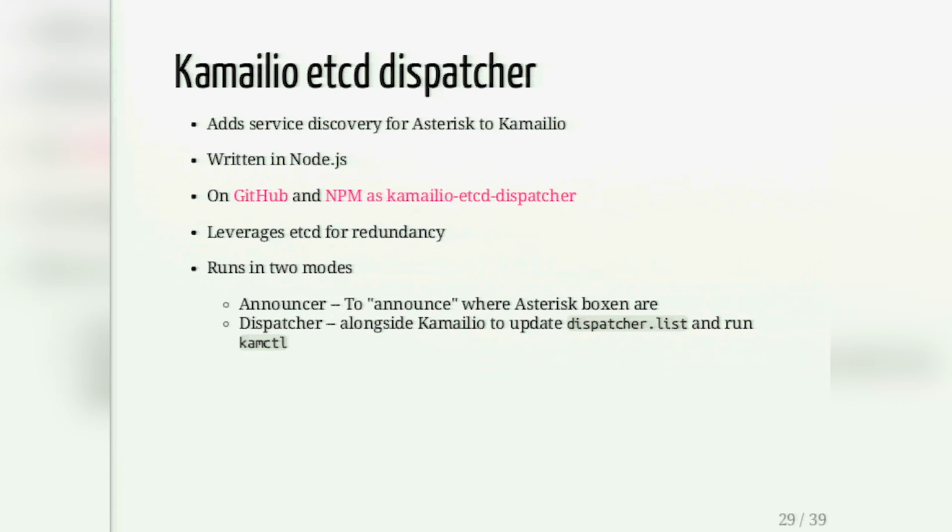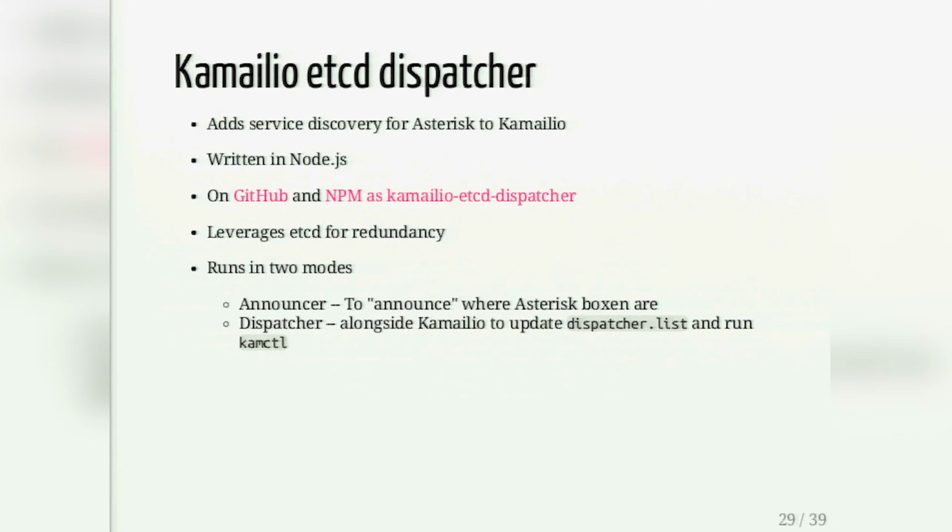But the gist of it is it's written in Node.js, and it watches particular etcd keys, and then it reacts on them. I thought that Node.js was appropriate because it's event-driven. It's open source. It's available on GitHub. It's also available on Node Package Manager. Give it a look. I think it has some cool considerations.